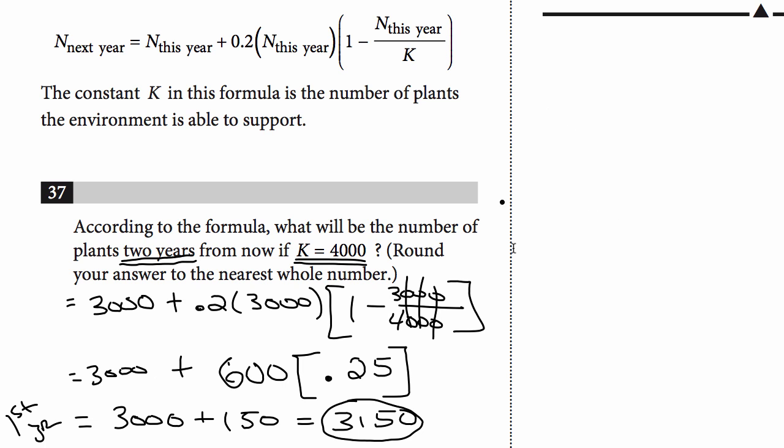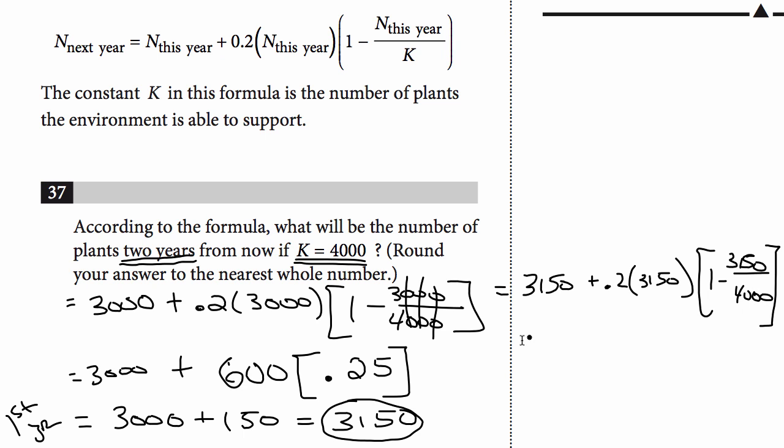Okay, so now let's plug it in again. So we get 3,150 plus 0.2 times 3,150 times 1 minus 3,150 over 4,000. Now I might use the calculator. 0.2 times 3,150 is 630. So 3,150 plus 630 all times 1 minus 3,150 over 4,000.